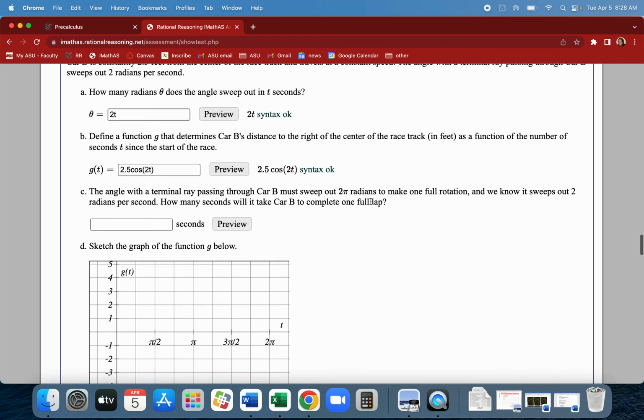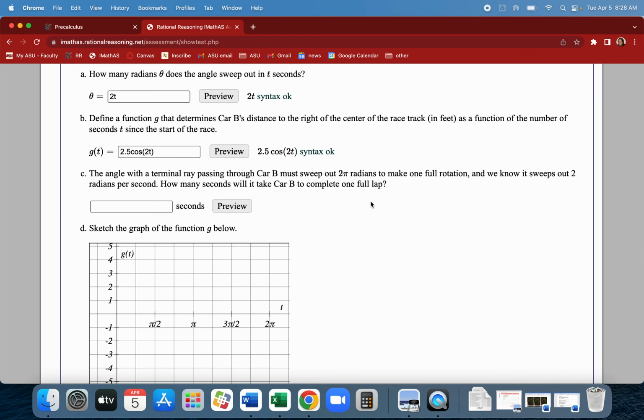So this part C, the angle with the terminal ray passing through car B must go through 2 pi radians to make 1 full rotation, as through any car. It goes through 2 radians per second. So how many seconds does it take to go all the way around 1 full lap? Pi?